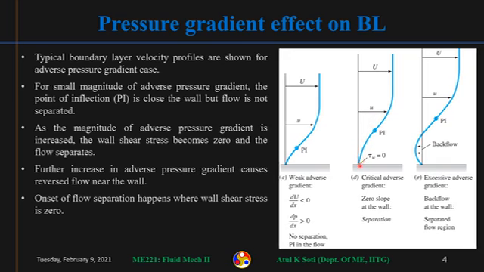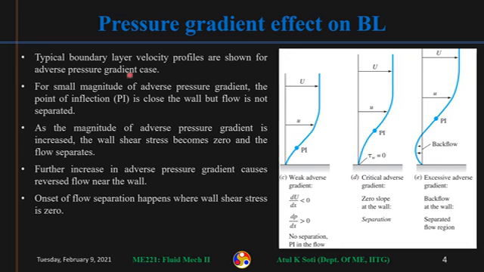The slope is 90 degrees; the velocity profile is almost vertical at the wall. If we increase the adverse pressure gradient beyond this critical value, the velocity profile will become the S shape that I was talking about.